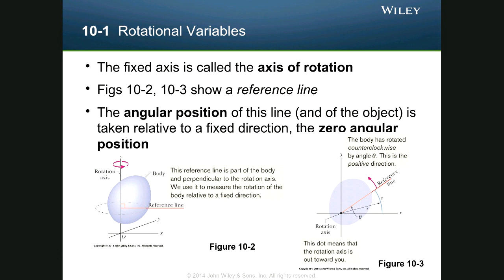And the reference line, which you'll notice is here, is what we call 0. Any angular displacement, which is a new quantity, from that reference line will be equal to some angle. The reference line is screwed into the body that's rotating, and as it rotates, the reference line changes and you get an angular displacement.